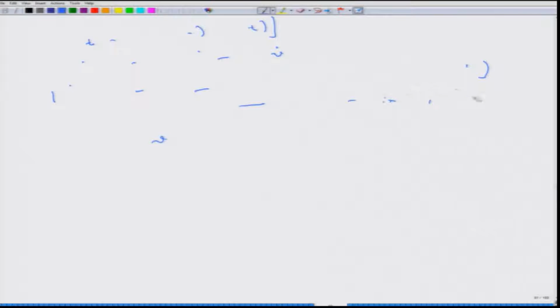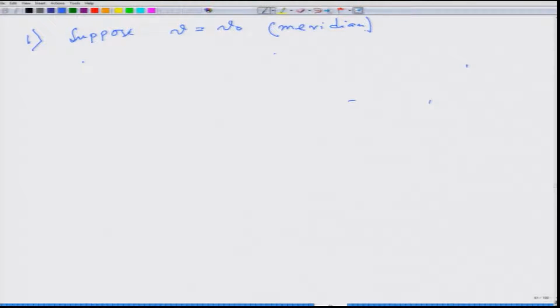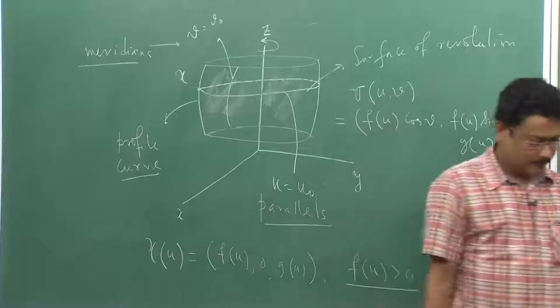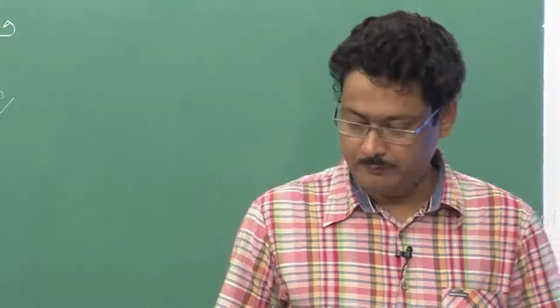Now, let us continue. How do I find the geodesics? Suppose I go very humbly, I look at v equal to v naught, that is a meridian, where v naught is some constant.